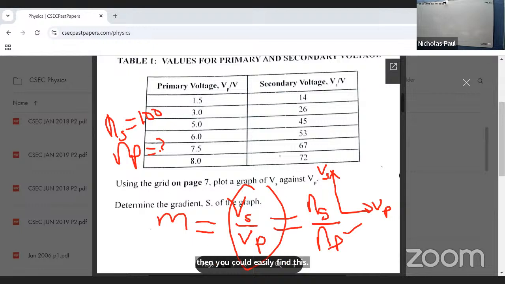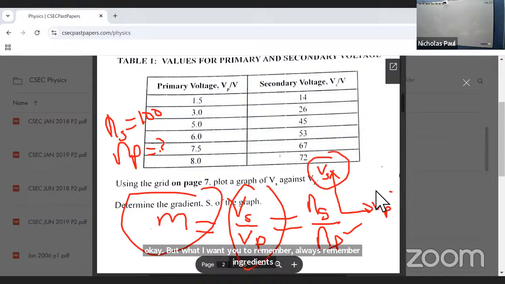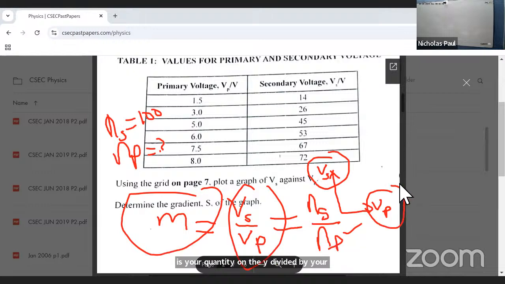But always remember, your gradient is your quantity on the y divided by your quantity on the x. Please make a note of that: the gradient is always the quantity on the y divided by the quantity on the x.